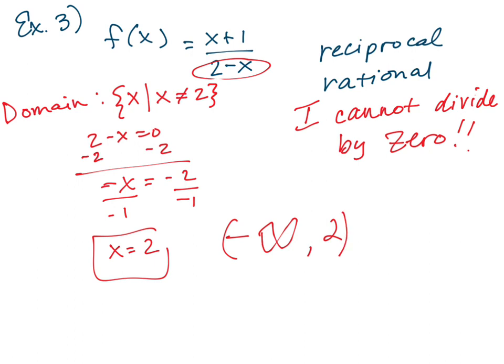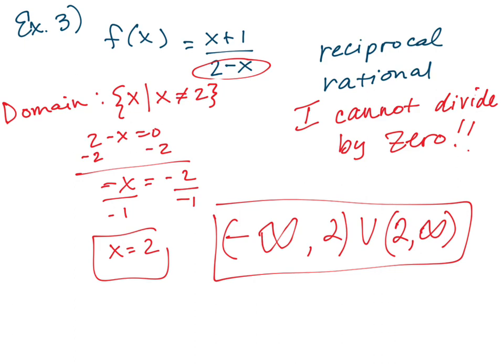Could it be bigger than 2? Any number bigger than 2. So we'll go from 2 to positive infinity. Do y'all remember that U? It means union, including this set from negative infinity to 2 and from 2 to positive infinity. This is maybe a better way for you to state the domain. X can be any number as long as it's not 2.